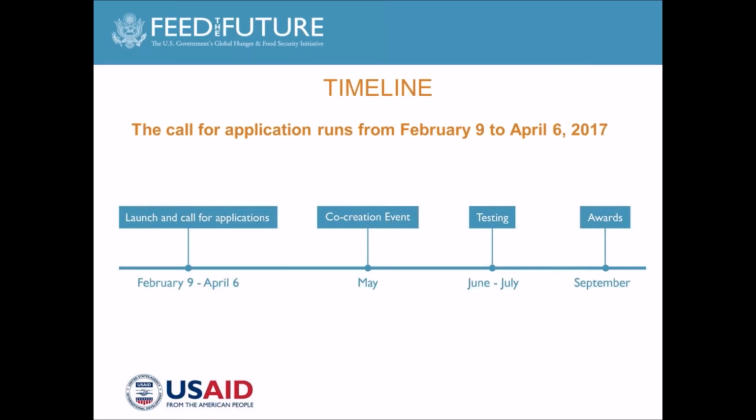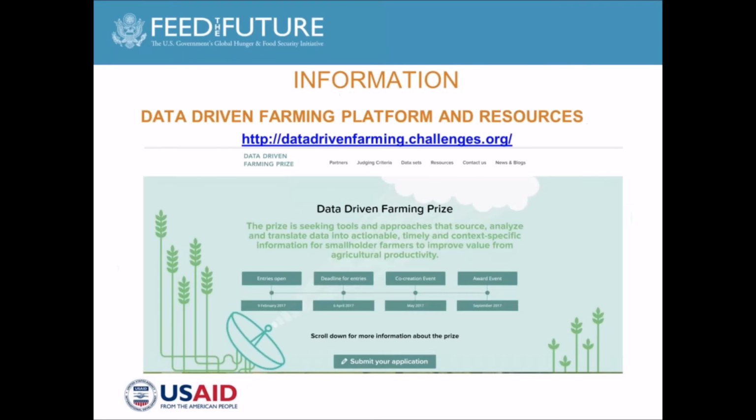There are 4 winners for this prize, 2 of which will win a prize of 100K, and 2 of which will win a prize of 50K for the most promising solutions. All this information can be found on the Data-Driven Farming Prize platform.